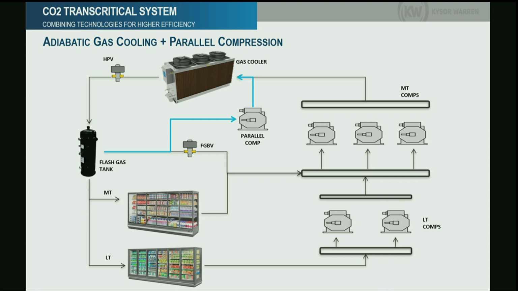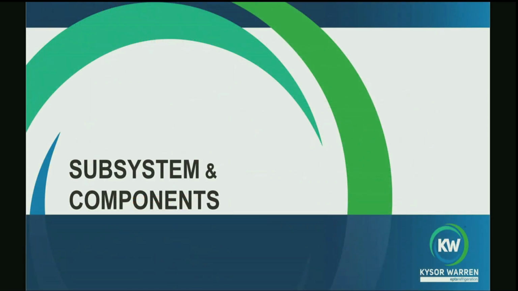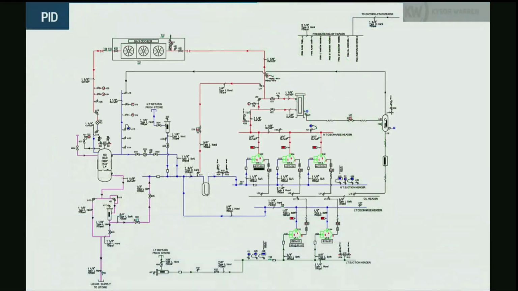So again, the whole point of this is making the CO2 systems more efficient. Subsystems and components. Every system has its own parts, and we need to be aware of what we need to control and how we need to manage those options. This is the piping schematic of one of the units.